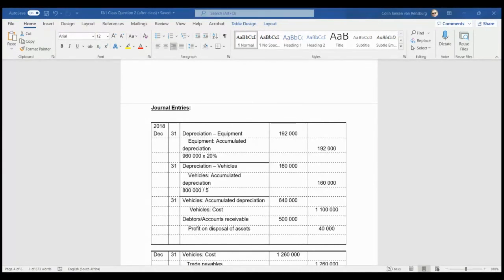If you look at the journal entries there in front of you, are there any journal entries that affected the cost or the accumulated depreciation of our equipment? Yes or no? Okay, I know what you're saying. There's no entry that affected the cost. Yes, thank you. There we go.